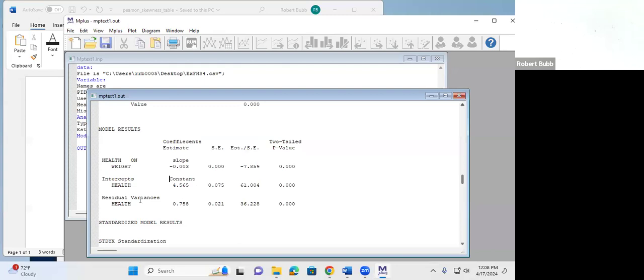Your residual variance here for health is going to be your mean squared error.